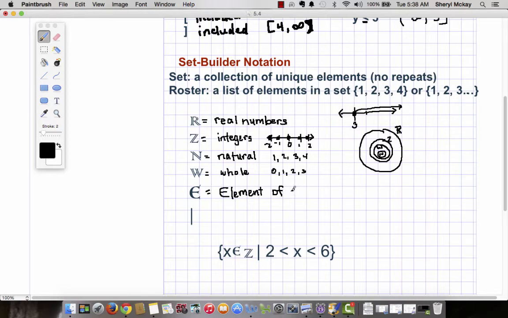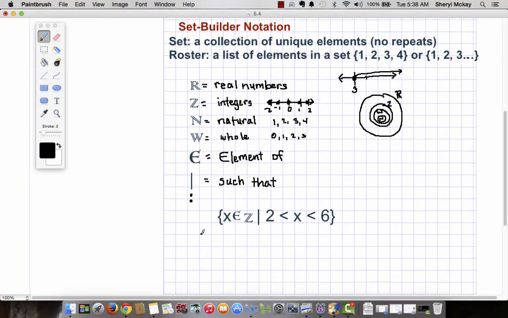Okay, so it's a member, an element of that set. And then you'll also see this straight line. It's not a letter, it's a straight line, and that means such that. Sometimes you also see it as a colon. All right? But for this time, we're just going to be using the line.